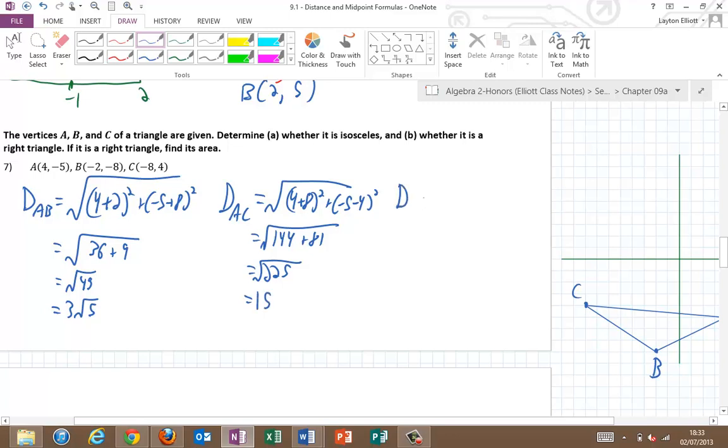Lastly, let's do the distance of BC. Big square root. I do negative 2 minus 8 squared plus negative 8 minus 4 squared. I did this wrong.